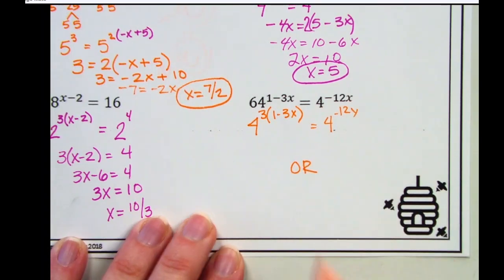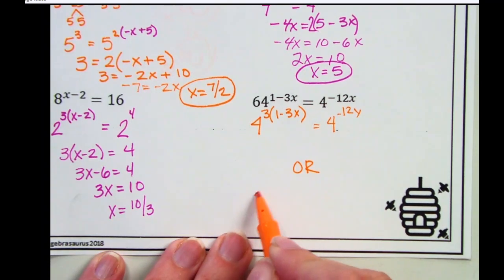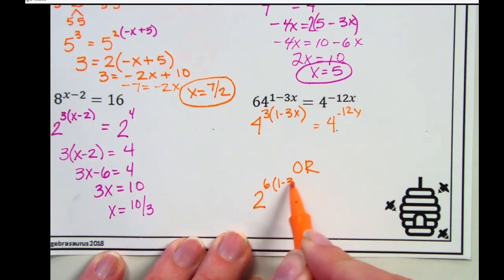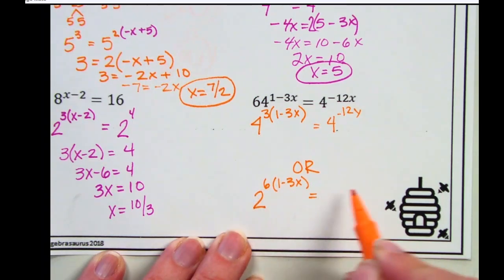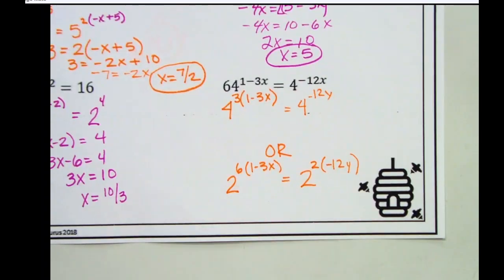Or you can say 64 is what? 2 to the 6th? Is that right? Yep. Had to think about it. And then our 4 is 2 squared.